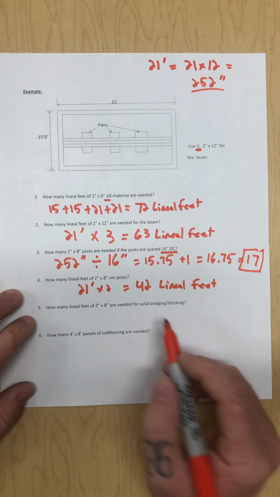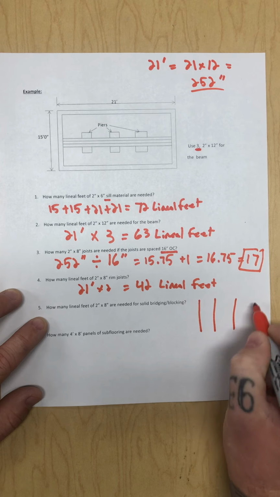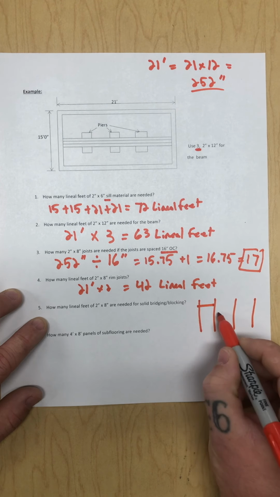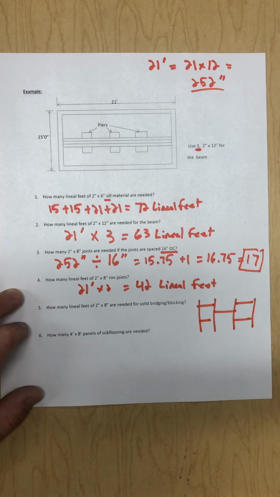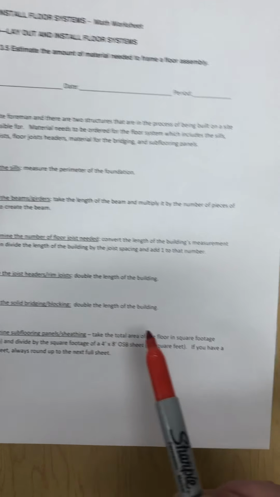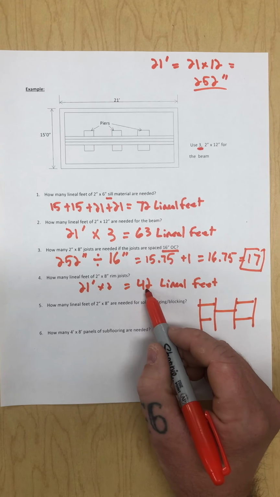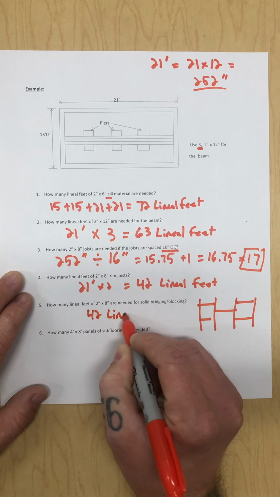Remember, that's the pieces that go in between. Okay, so like if these are our floor joists, the blocking is going to be these pieces in between. All right, so how many lineal feet of 2x8 are needed for the bridging or the blocking? If you come down here, we're going to double the length of the building again. We just did that right here, so we're going to have 42 lineal feet.